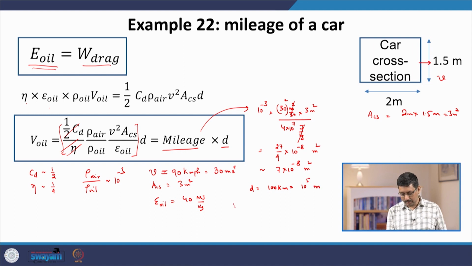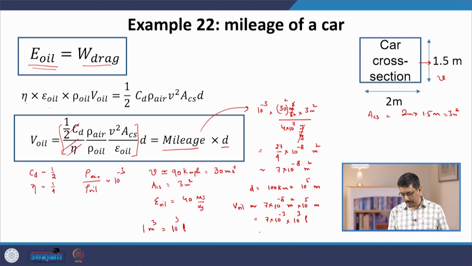Then the V oil is approximately 7 into 10 to the power minus 8 meter square into 10 to the power 5 meter. 1 cubic meter is 1000 liter. So, 7 into 10 to the power minus 3 into 1000 liter, which is approximately 7 liter.